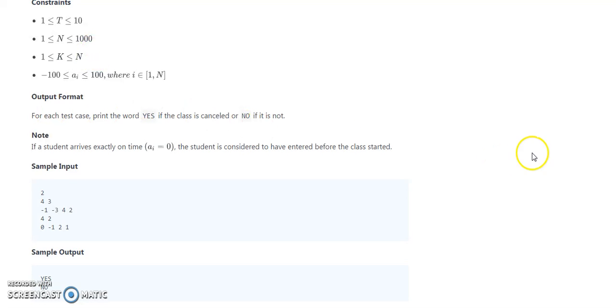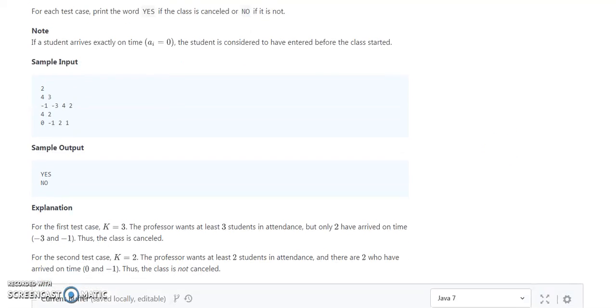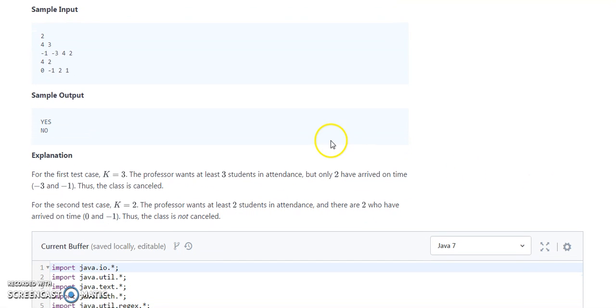So let's understand the sample input. In the first line they are inputting two test cases. In the next two lines, the 4 is the number of students, and the 3 means there must be 3 students present. Those 4 students have arrival times -1, -3, 4 and 2.